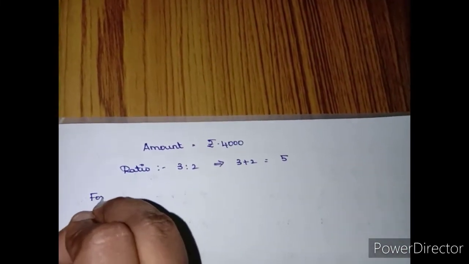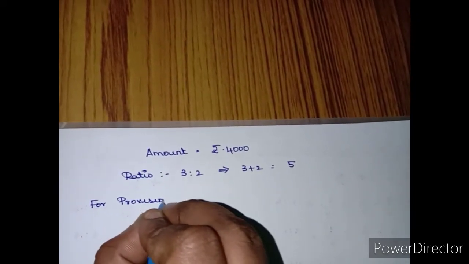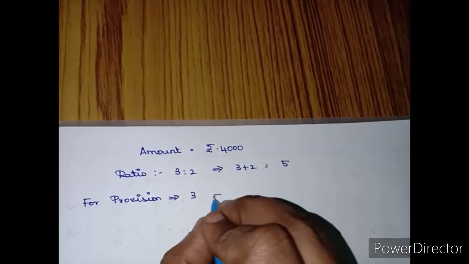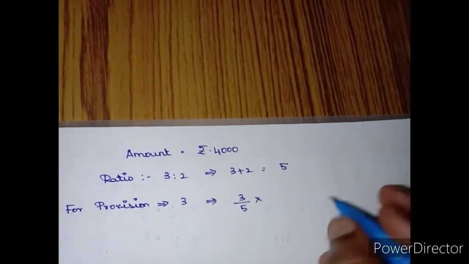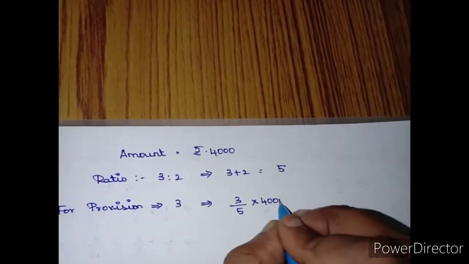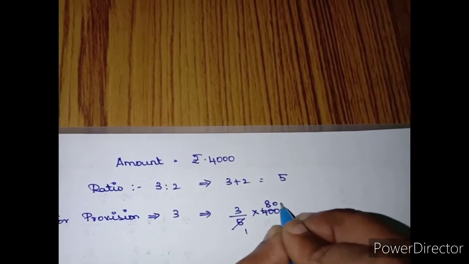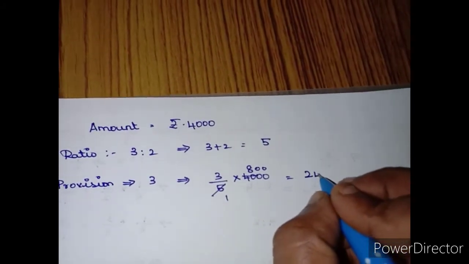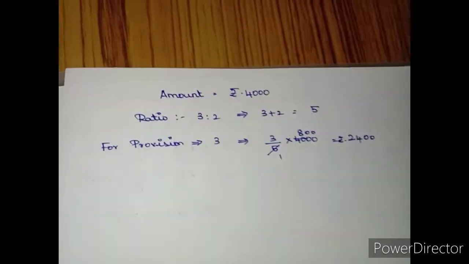For provision, that is 3, 3 by the total parts 5 into, what is the total amount? 4,000. 5 ones are 5, 5 eights are 40, 0, 0. 3 eights are 24, 2, 0. So 2400 rupees is spent for provision.